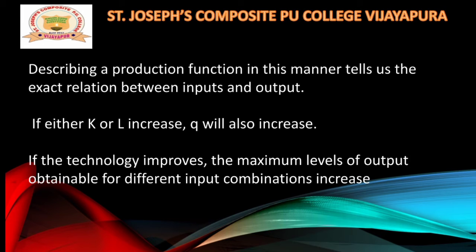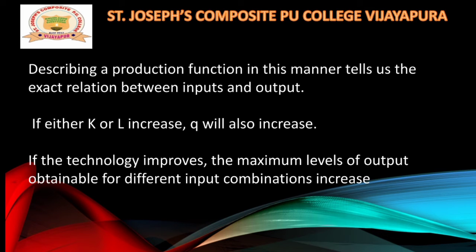If either K or L increases, meaning either land or labor services increase, automatically Q, the output, will also increase. If the technology improves, the maximum level of output obtainable for different input combinations also increases. Yes or no?